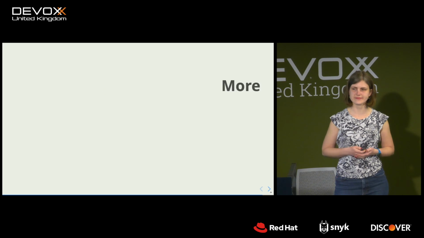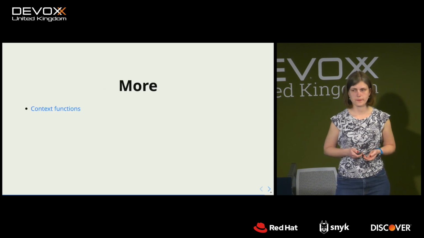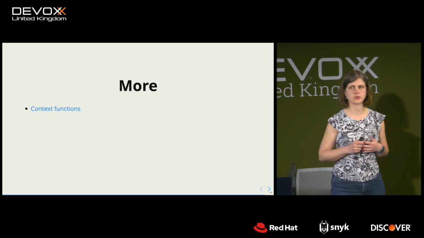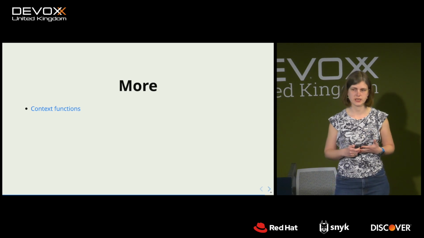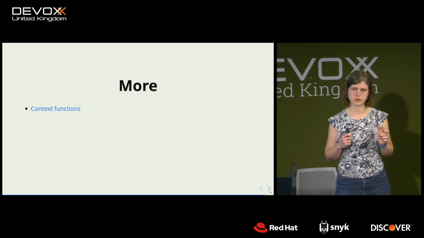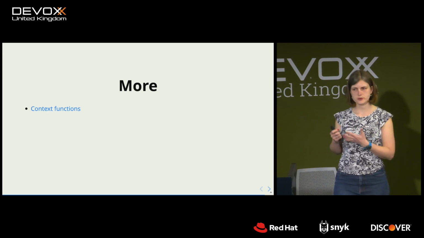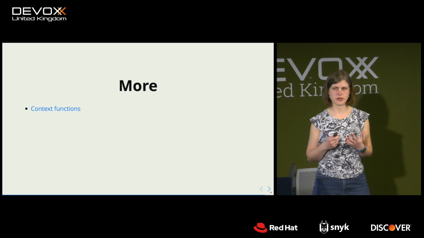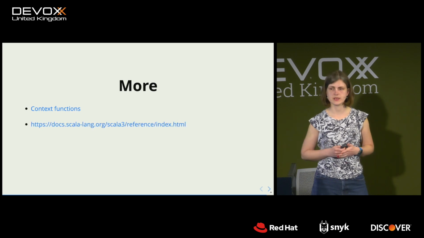If you'd like to know more, there's also a feature called context functions in Scala 3, and they don't really have a direct counterpart in Scala 2, so I didn't include it. But if you're interested in this area, please have a look at that.